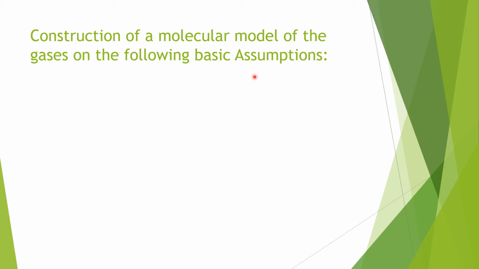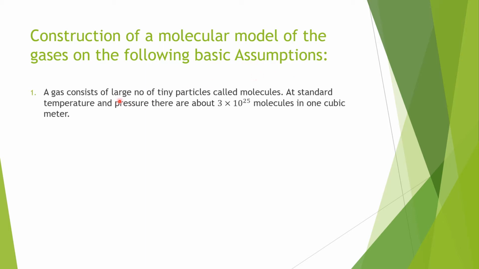So the first assumption is that a gas consists of a large number of tiny particles called molecules. At standard temperature and pressure, there are approximately 3 × 10^25 molecules in 1 cubic meter. The second assumption is that the molecules are a greater distance apart as compared to their dimensions.